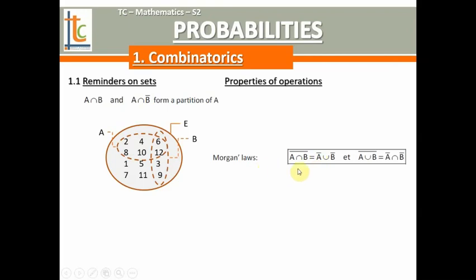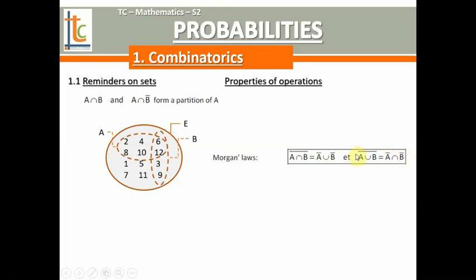So Morgan told us that A inter B, with a big bar over it, equals A bar union B bar. So if you want to separate a bar, you have to change your operation, and it works in the other sense.